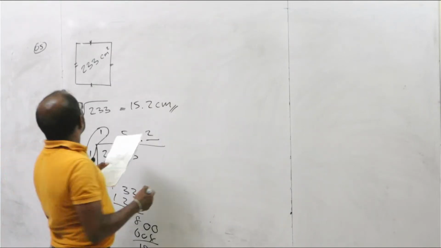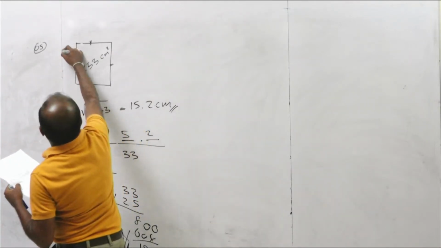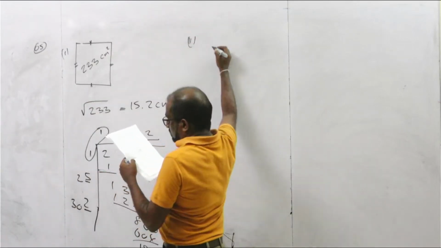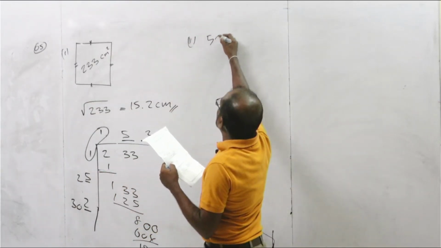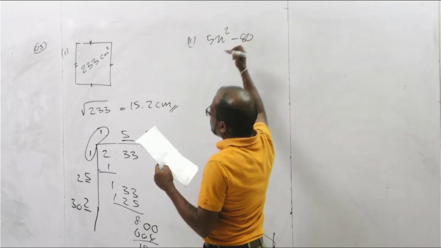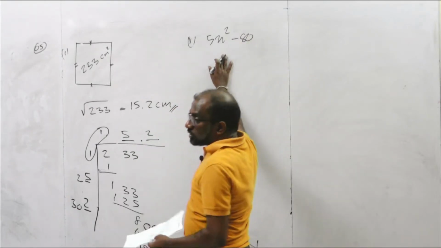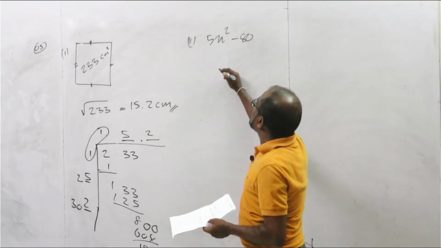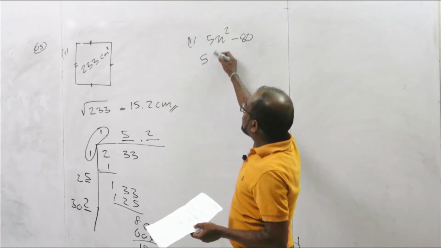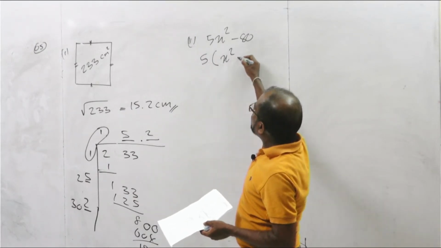Okay. The second one, two more factorization sums are given. 5x squared minus 80. Take the common factor 5 out: 5 times x squared minus 16.